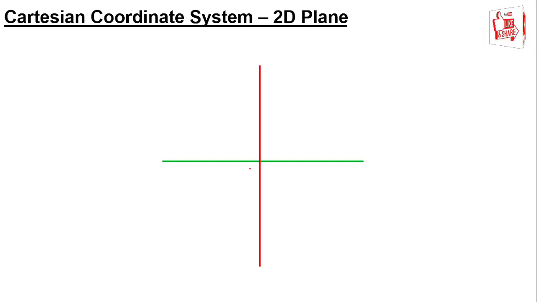The Cartesian coordinate system, or another name rectangular coordinate system, consists of a horizontal line called the x-axis and a vertical line called the y-axis intersecting at a right angle, meaning 90 degrees, at the point of intersection called the origin, denoted by O. These x and y axes are also called reference axes.